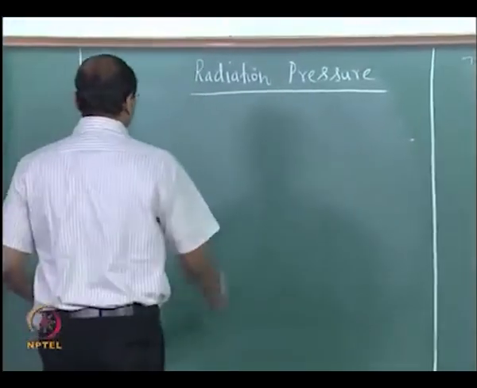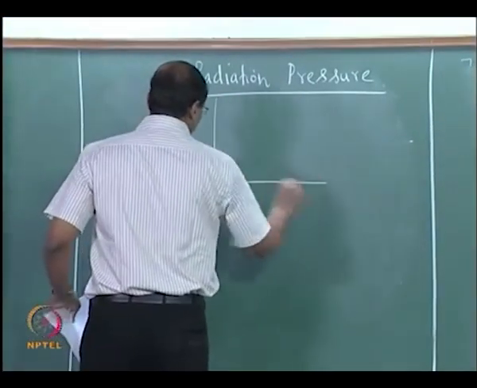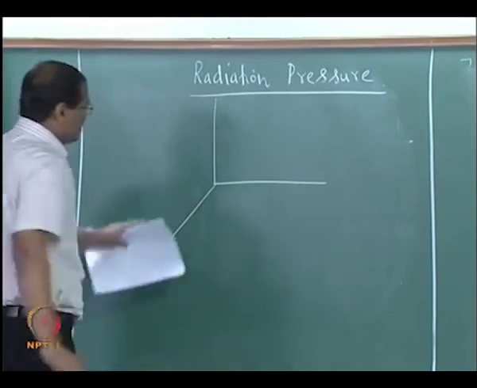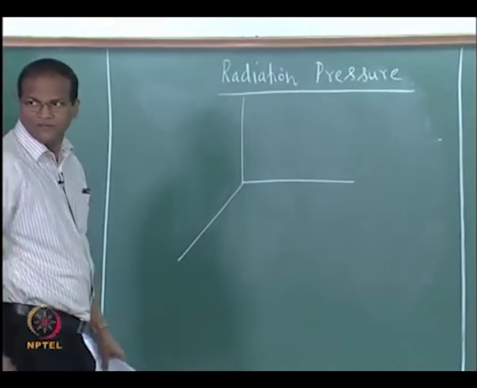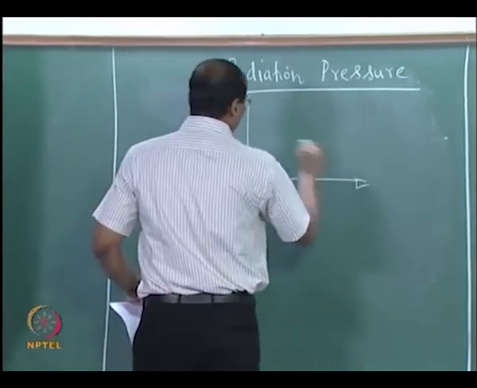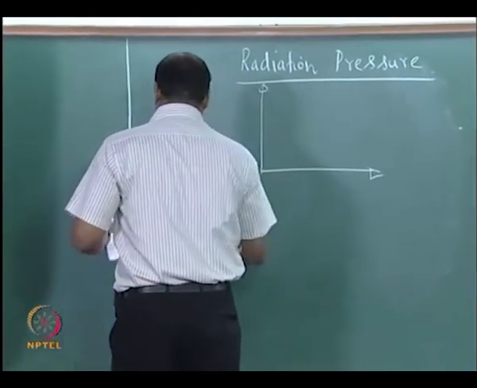Now let us consider the same coordinate system, and the dA1 will haunt you throughout the semester. Okay. R theta phi, dA1 is the emitting area.